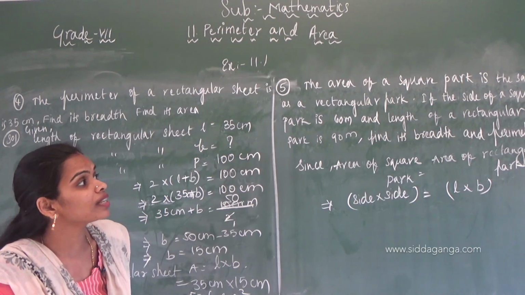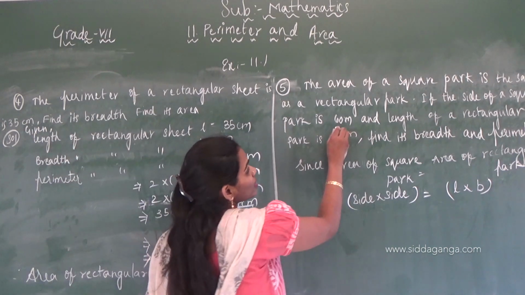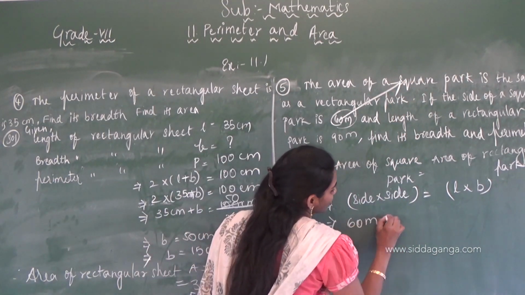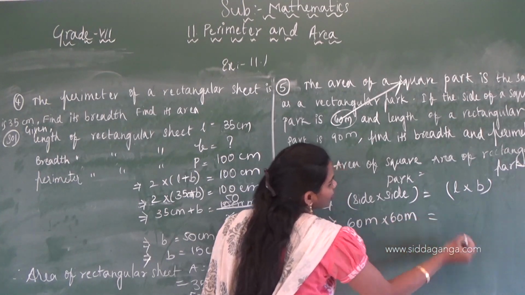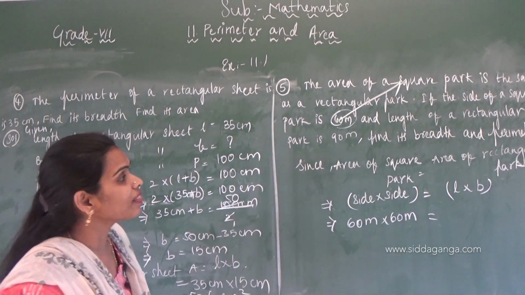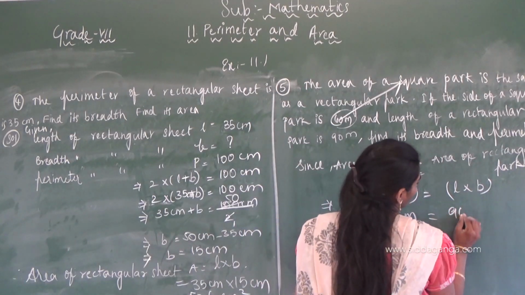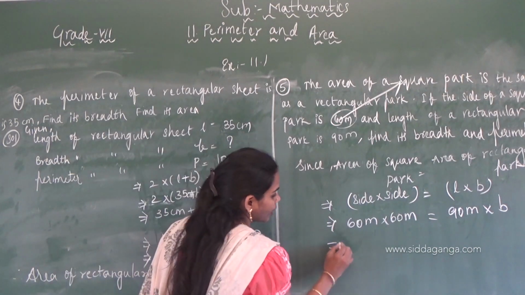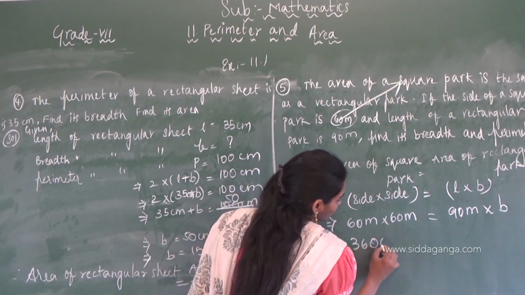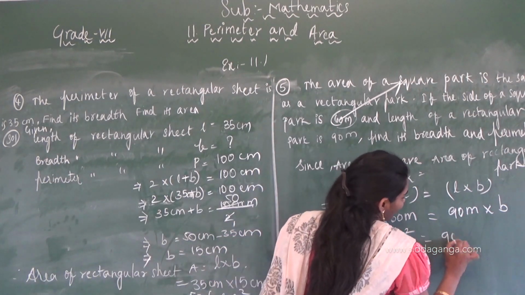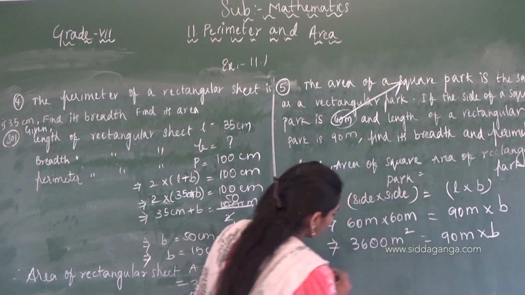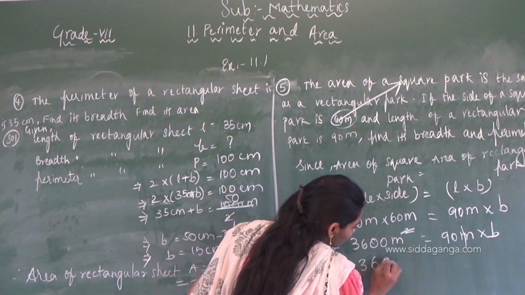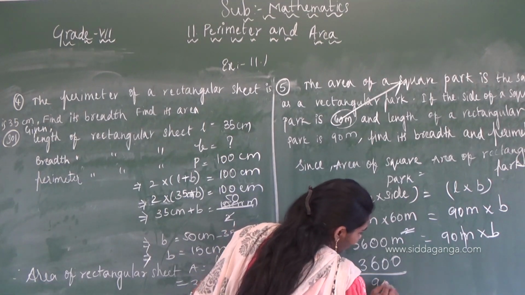If the side of the square is 60, what is the side? Square side. 60 meters into 60 meters is equal to, what is the length? 90 meters into breadth. Correct? 3600 m square equals 90 m into B. The meters get cancelled. 3600 divided by 90.